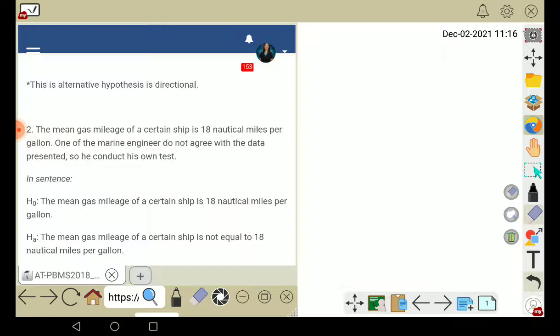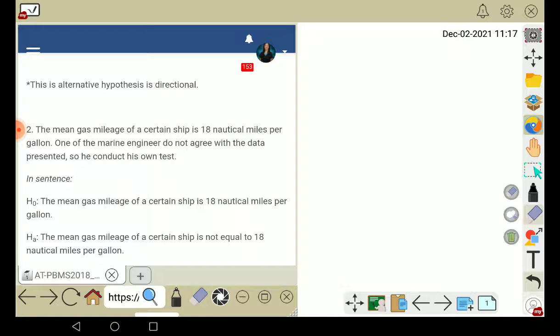Okay, for number 2. Here in number 2, the mean gas mileage of a certain ship is 18 nautical miles per gallon. One of the marine engineers does not agree with the data presented, so he conducted his own test. So in sentence, the mean gas mileage of a certain ship is 18 nautical miles per gallon.